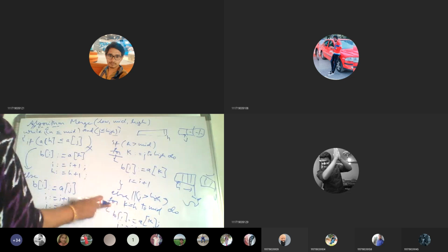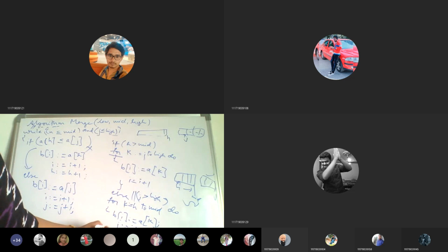K will be incremented automatically since it is in the for loop. Okay. So this is the algorithm for the merging technique. Okay. So let's see merge sort.